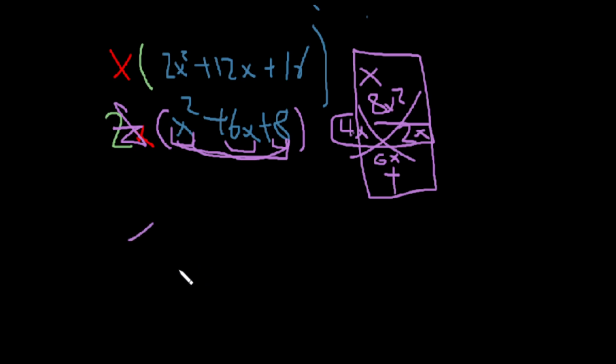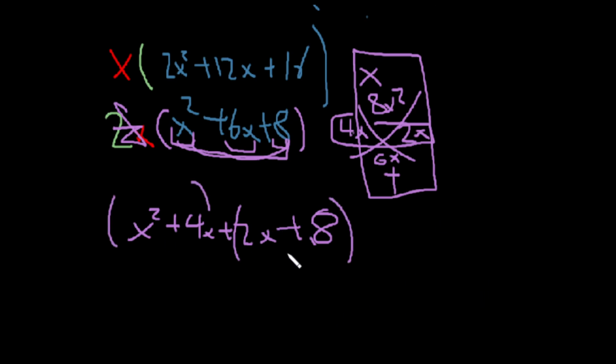So now you put x squared plus 4x plus 2x plus 8. Now, what you're gonna do is factor out from here. So, let's factor out this and this now.